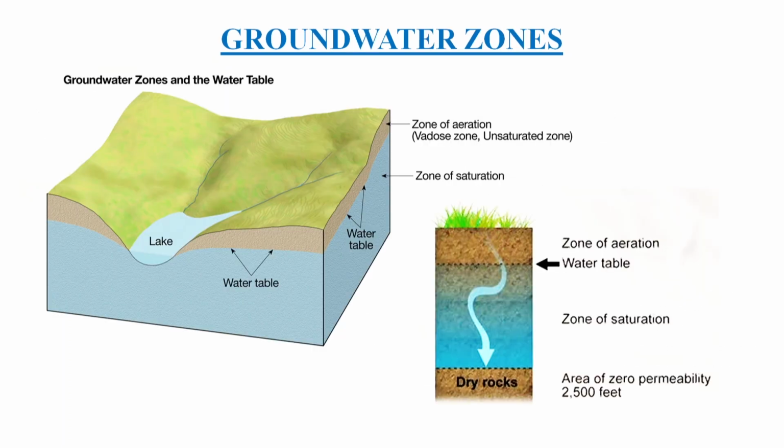Then, obviously, like I was saying, groundwater is present in the zone of saturation. So, if I now look at a cross section, there are zones within the soil or in the subsurface where there is a zone of aeration, also referred to as the vadose zone or the unsaturated zone, where the pore spaces present within the fragments or grains or sediment are not completely occupied by water.